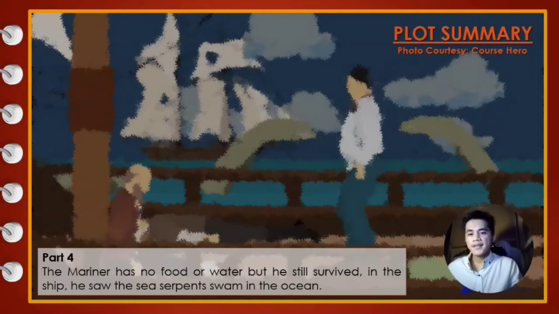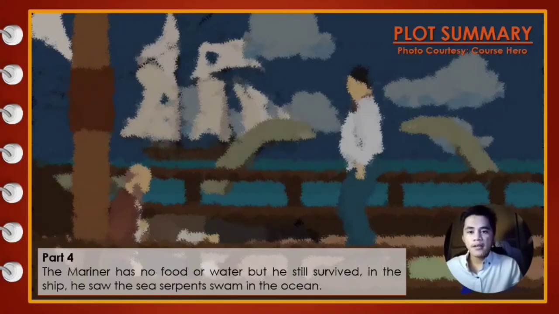Why do you think the mariner survived? Well, it is because of the help of Life-in-Death. In the ship, the mariner saw the sea serpents swimming in the ocean, and that gave him a realization of how beautiful the creation of God is.